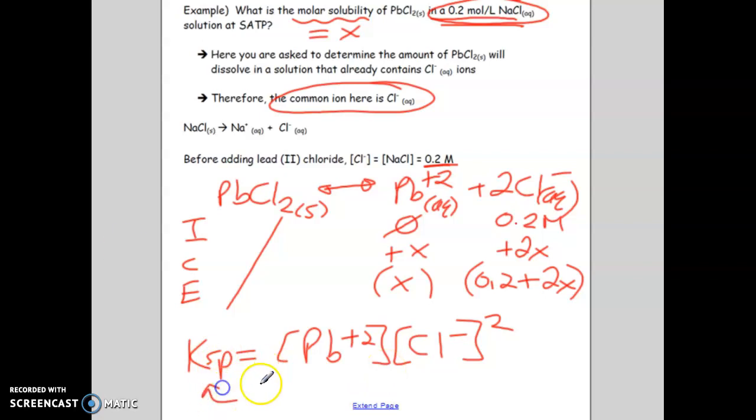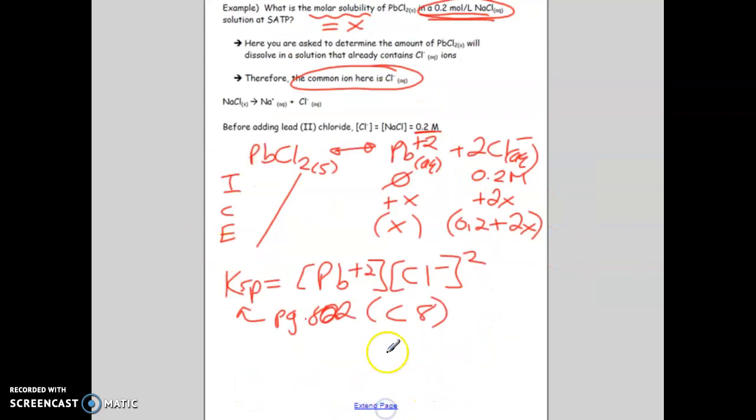Remember, this Ksp can be found in your textbook, page 802, Appendix C8 at the back of your book. So let's look at it on another page here. The Ksp, if you look up that value, is 1.7 times 10 to the negative 5. And we're going to plug in our expression value.